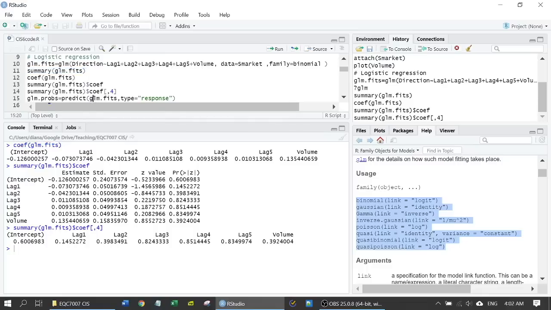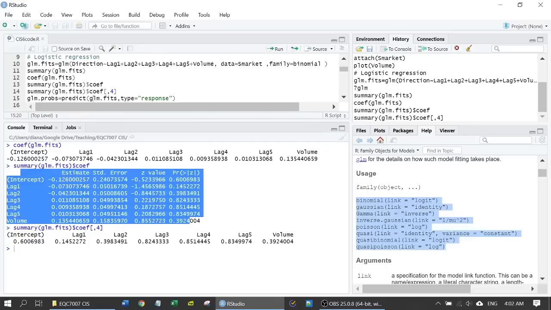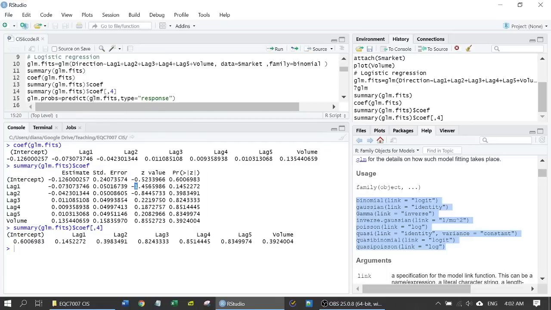Or if you want to have the coefficients with the standard error, z value, and the p-value, but without all the other bunch of things, you can just type in summary of glm.fits and $coefficients. So this one you just get the information for the coefficients without all the other information.